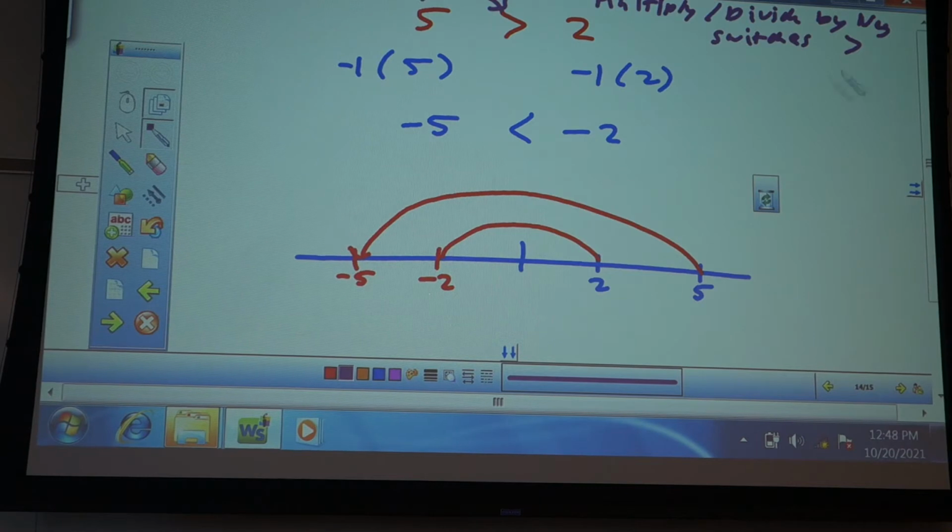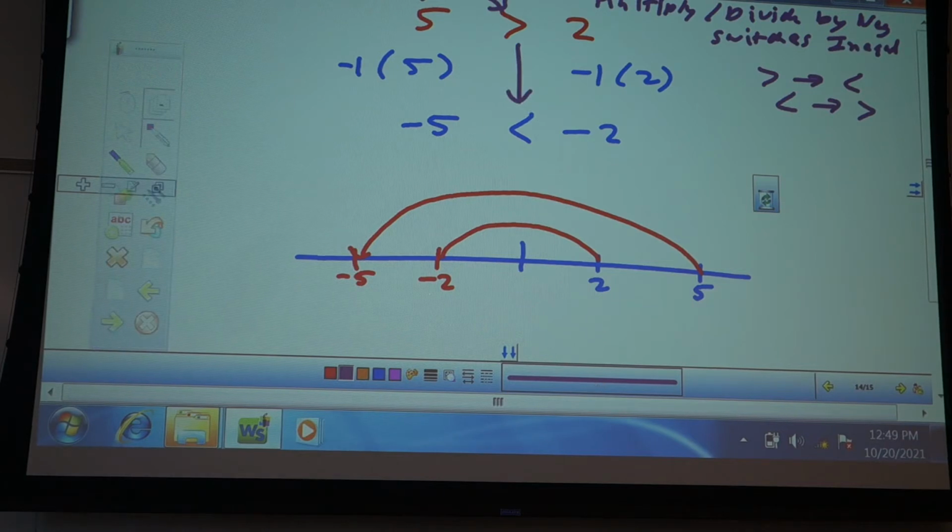So this one becomes that one, and that one becomes this one. We have to switch it. Does that make sense for folks?